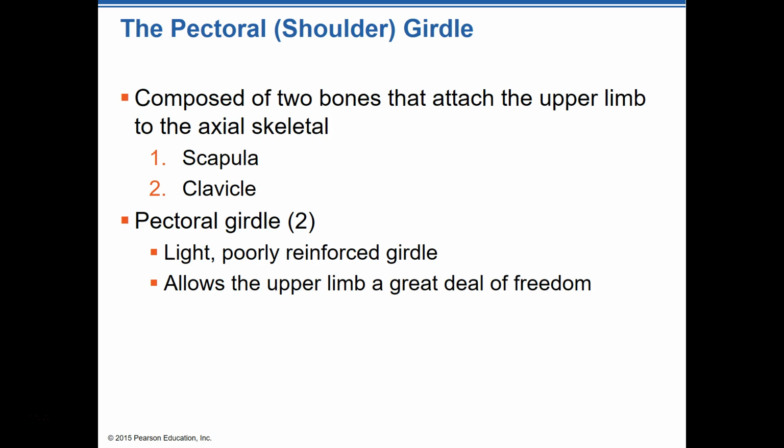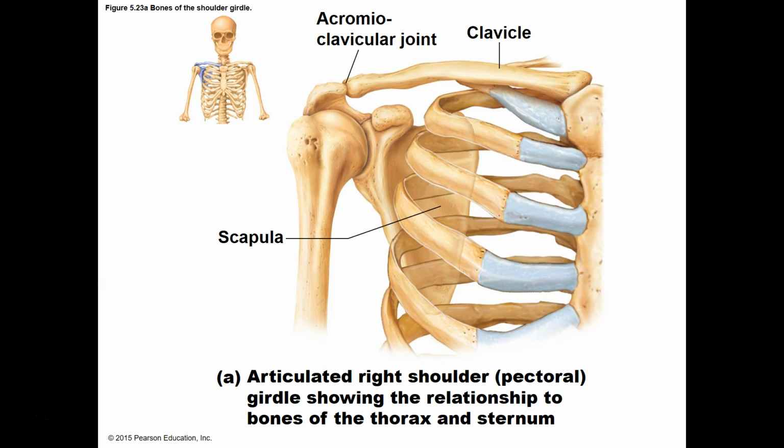It's the most commonly broken bone in the body, the clavicle, or the easiest to break, I guess, maybe not the most common. And then, of course, the pectoral girdle is a poorly reinforced girdle, but it actually allows for a whole lot of movement in the shoulder. If you've ever had a torn rotator cuff or shoulder problems, the shoulder is poorly reinforced, so it's easily damaged.